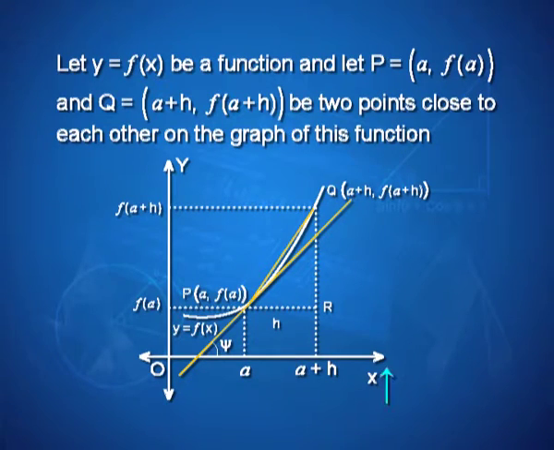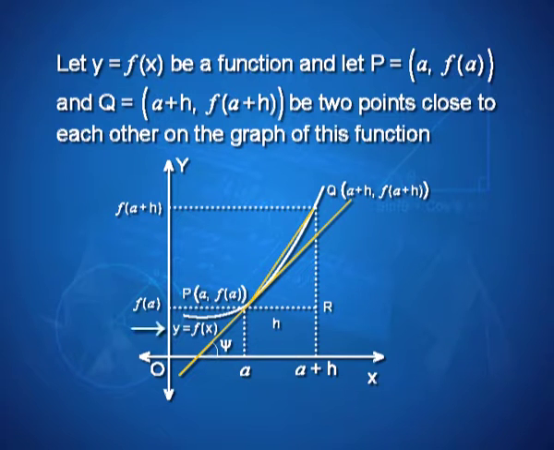Let us now see a geometrical interpretation of the derivative of a function at a point. Look at the monitor. We have a graph here. This is your x axis, this is y axis, and this is the graph of the function y = f(x). Notice the point P as (a, f(a)) and point Q as (a+h, f(a+h)). We have a tangent here making angle psi with the x axis.